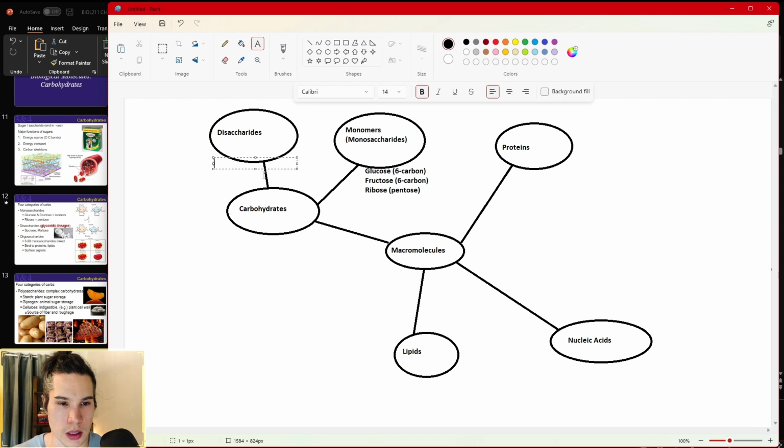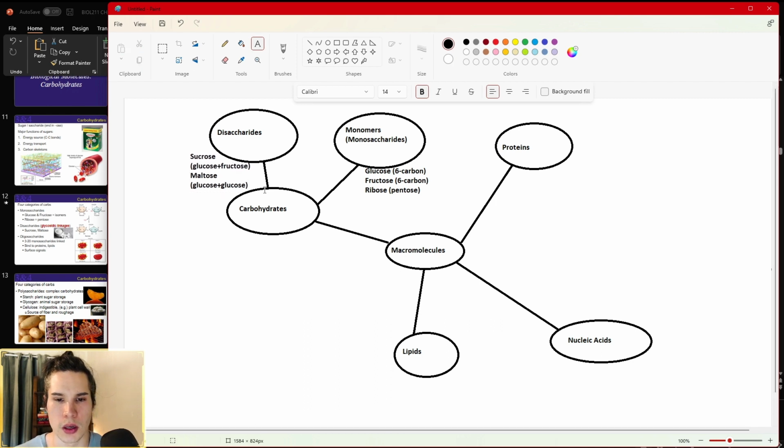So what are some that I list in the lecture? I list sucrose. What is sucrose? I'll fill in that fun fact. Sucrose is going to be glucose plus fructose. And then we also have maltose, and that's going to be glucose plus glucose. Cool. Those are the two that I list in lecture.